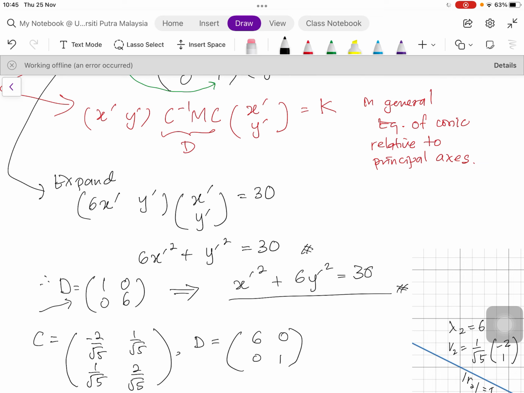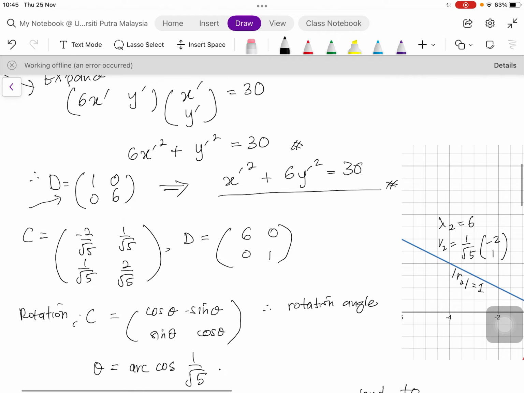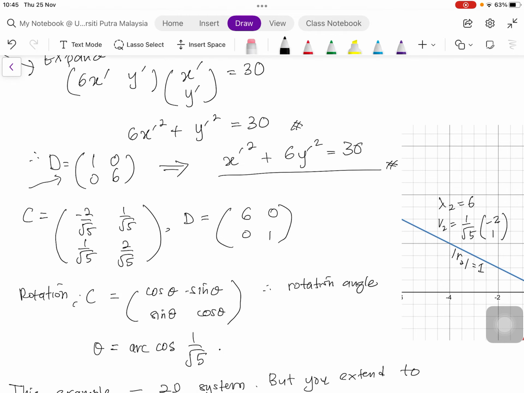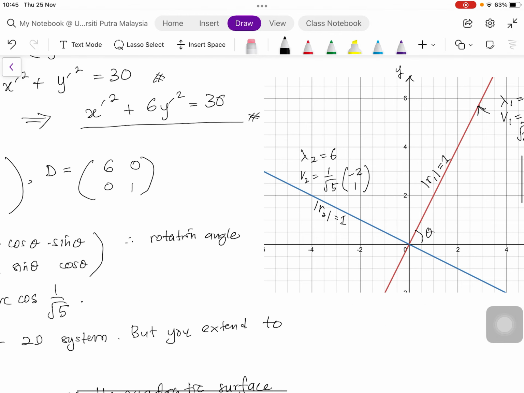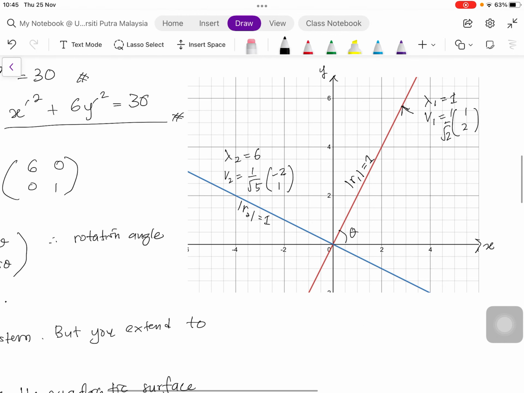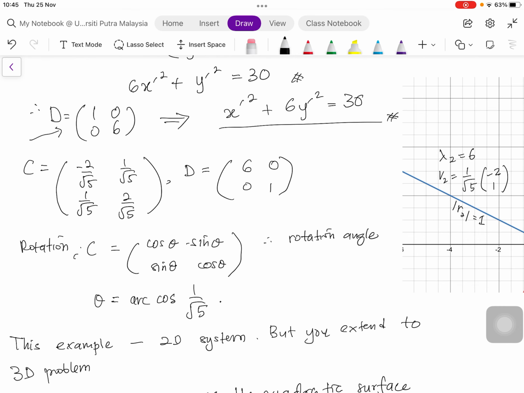There's an interesting part: you can also find the angle that rotates you from x to the prime coordinates. Previously you noticed that your eigenvector matrix is equivalent to your rotation matrix C. They are equal, given by cos theta, minus sin theta, sin theta, cos theta, and theta over there is the rotation angle.